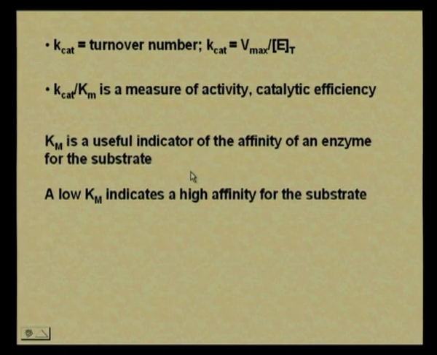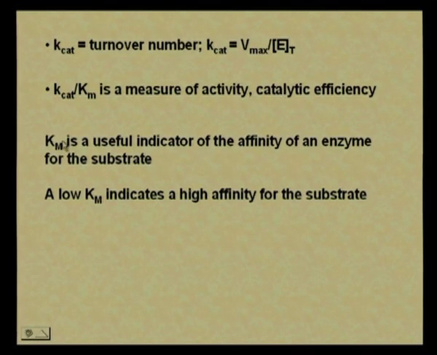It is because it is relating the rate constants of the formation of the reactions, right? So, what is Km a combination of? It is a combination of K1, K minus 1 and K2, and what is Kcat? Kcat is actually K2. So, together they can give us some idea about the activity or the catalytic efficiency.